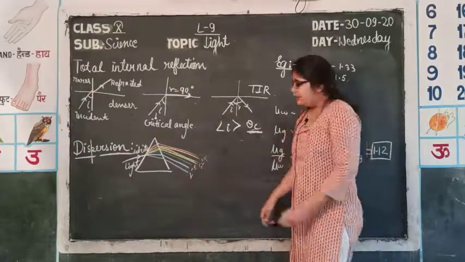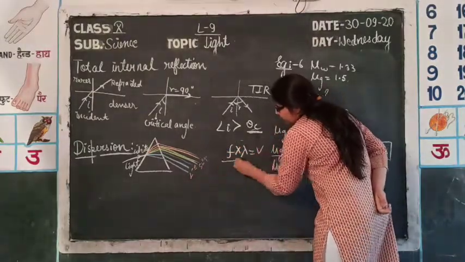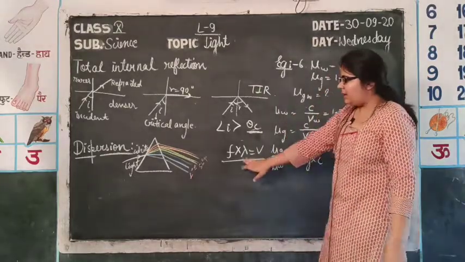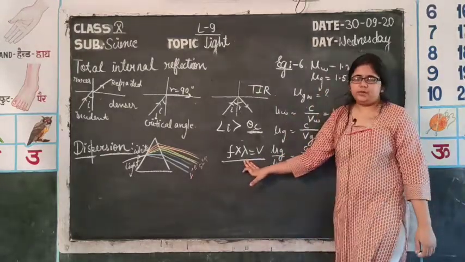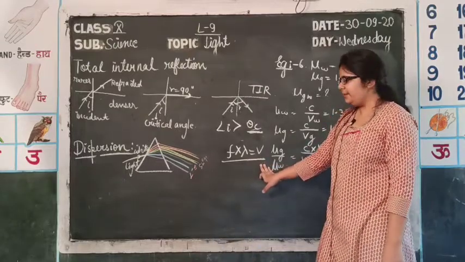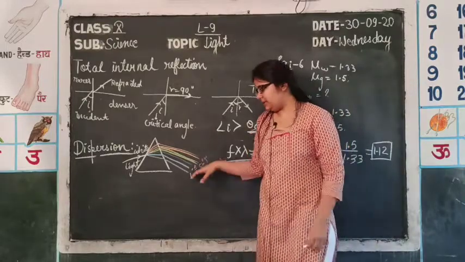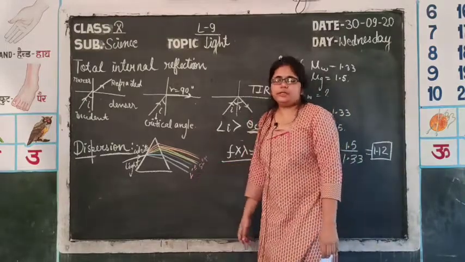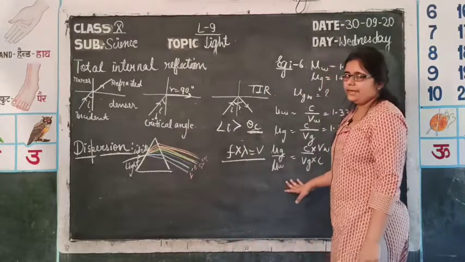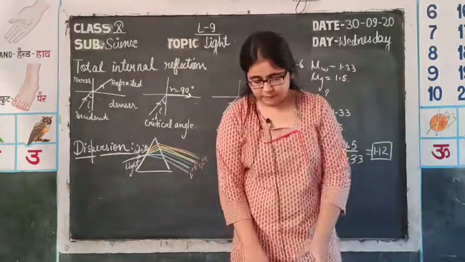So, since frequency multiplied by lambda equals the speed of light, and lambda is maximum for red, the speed of red light will be maximum in any medium, and due to the maximum speed, it will bend the least. This was all about the dispersion of light, the splitting of light into its constituent colors.